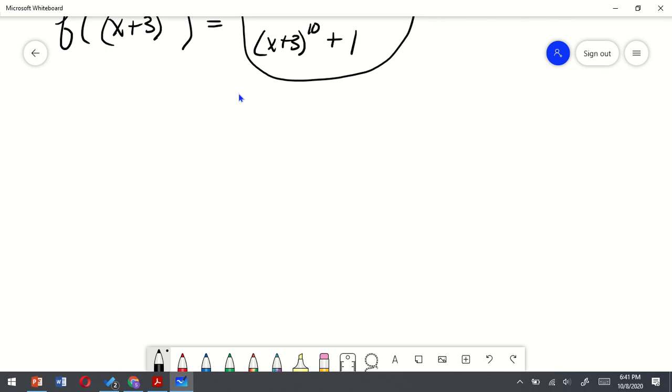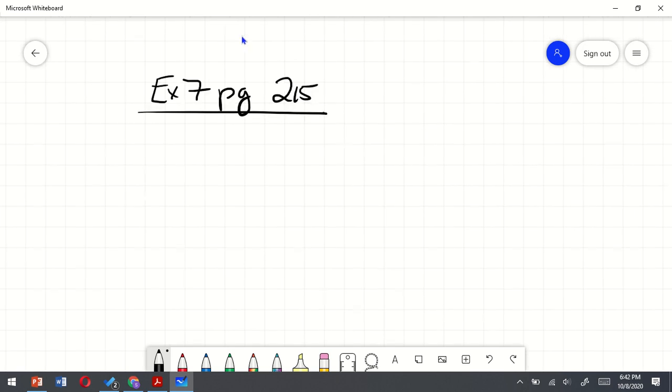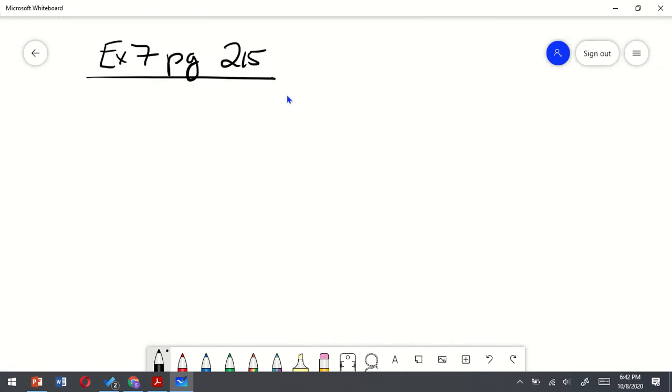But I'm going to do example 7, an application where they're talking about ships that are traveling and the distance between a ship out in the ocean based on the time of day and its reflection and the lighthouse and all this stuff. So if we look at example 7 on page 215, we have a nice word problem.